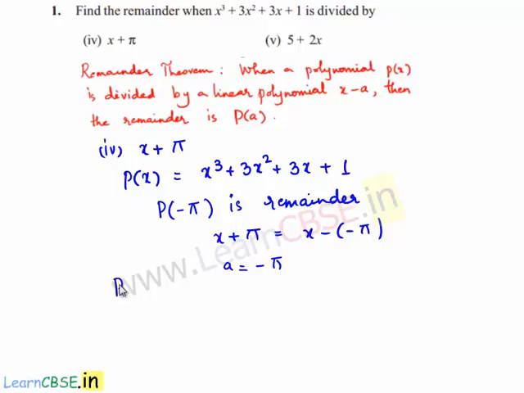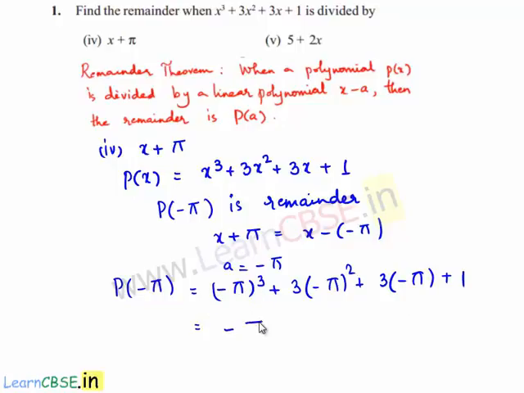So let us find the value of p of minus pi. That is equal to minus pi whole cube plus 3 times minus pi whole square plus 3 times minus pi plus 1. Minus pi whole cube is minus pi cube plus 3 times pi square minus 3 pi plus 1.